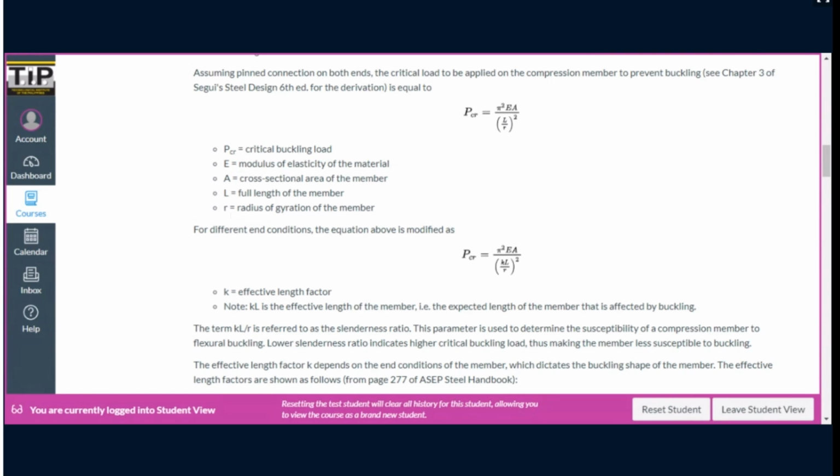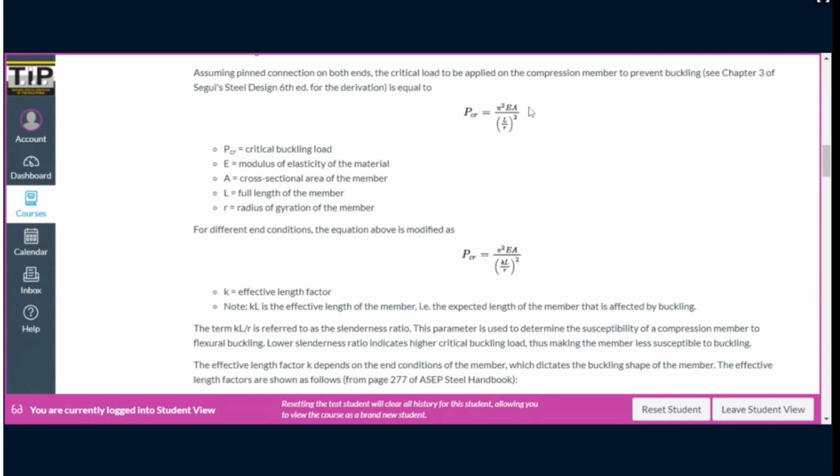But if you consider buckling about the y direction, you use ry. So it depends on which buckling direction you are considering.